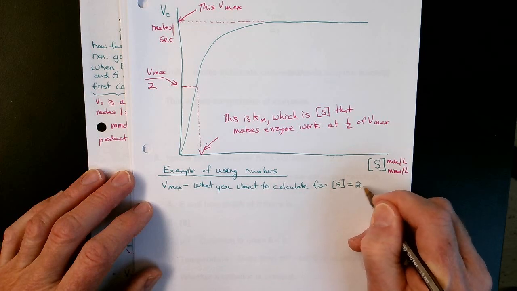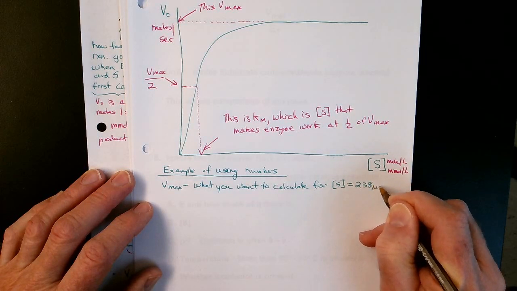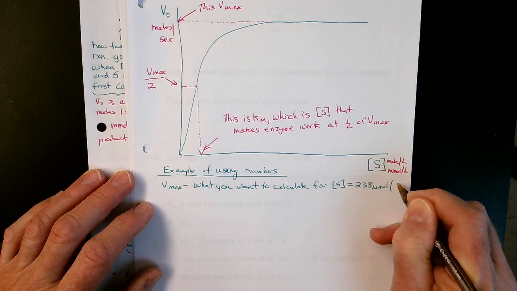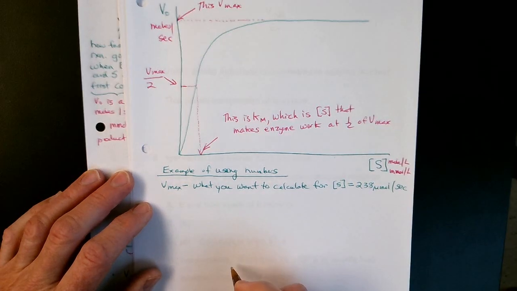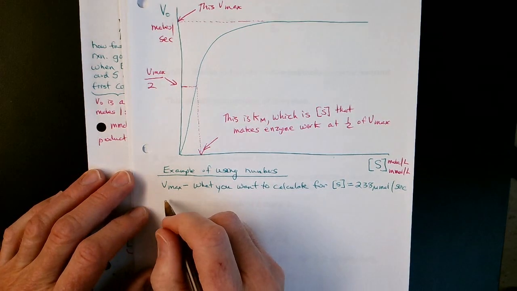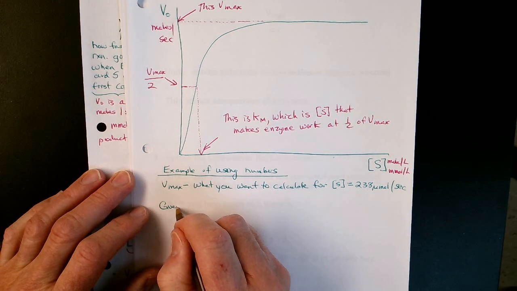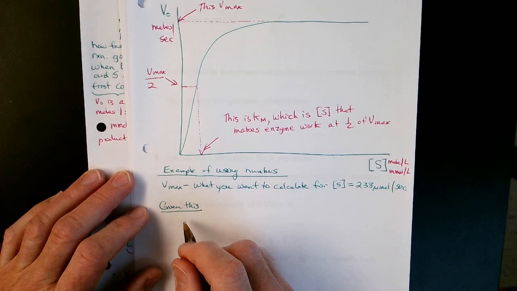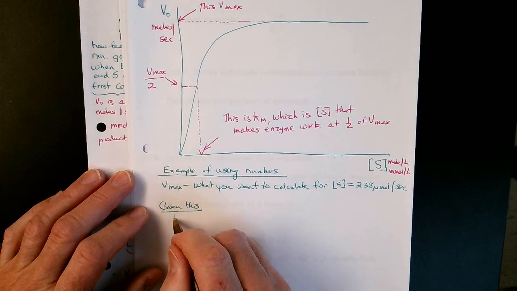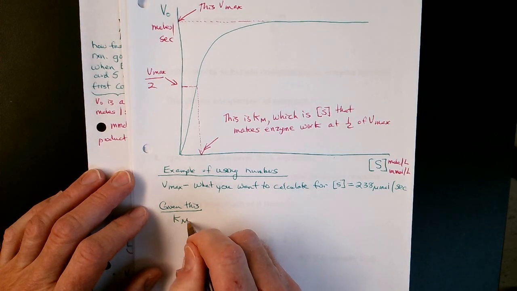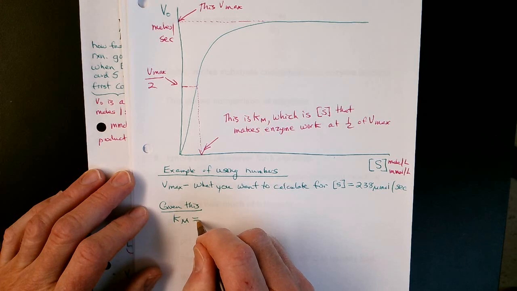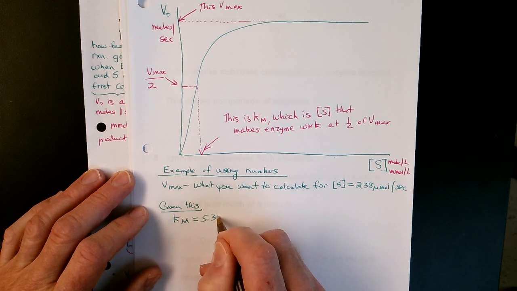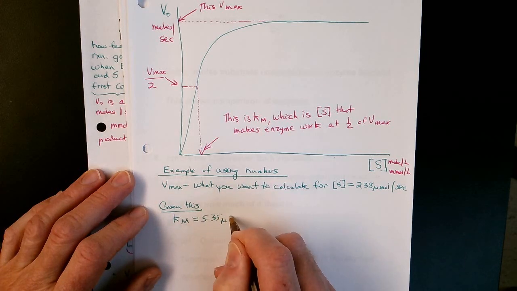Let's say Vmax is 2.38 micromolar per second. Let's say you're given that Km is equal to 5.35, and again, watch your units, micromolar.